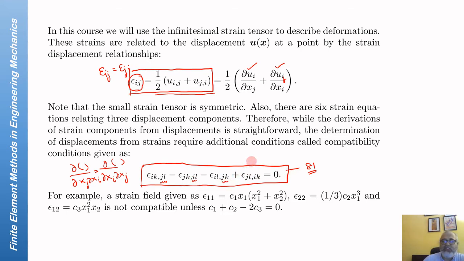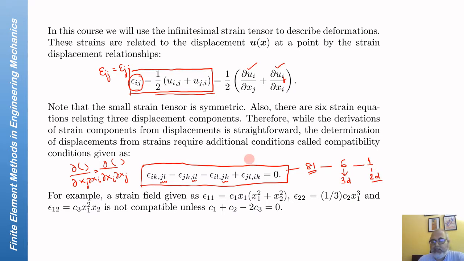Given all these symmetries, many of these 81 equations are the same as another of those 81 equations. And finally, you have only six independent equations in 3D, and only one in 2D.